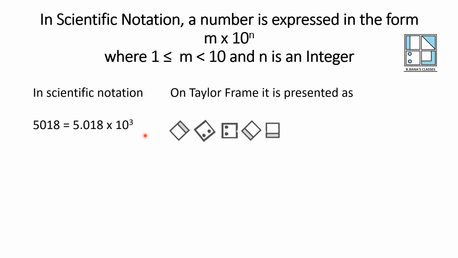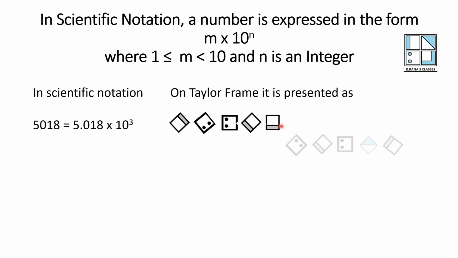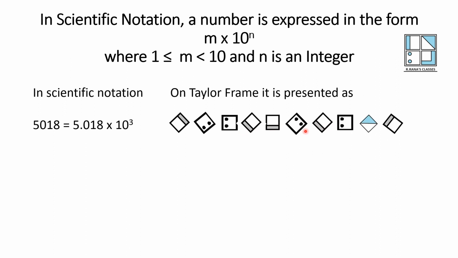As we know, all the symbols for the numbers, other notations, exponents, etc., we can easily translate on Taylor frame, and you will see that it is 5.018 into 10 raised to power 3. Simple.